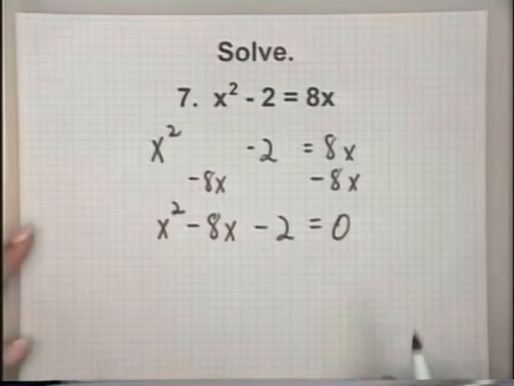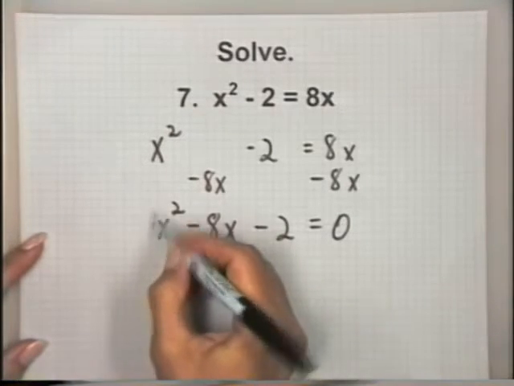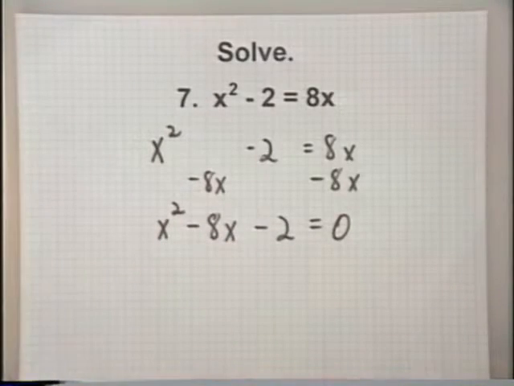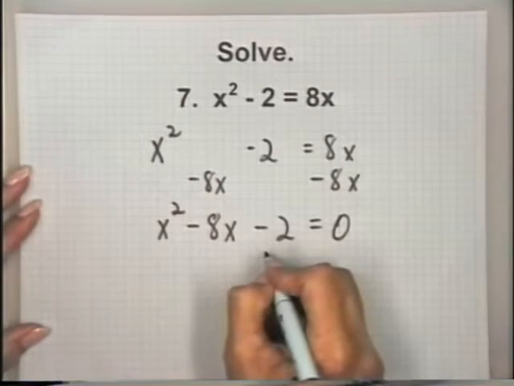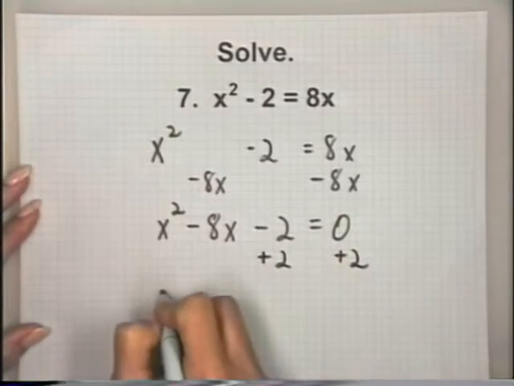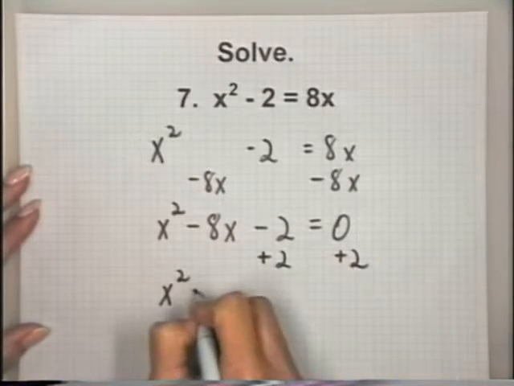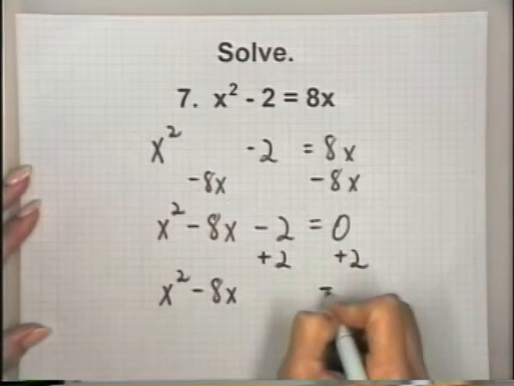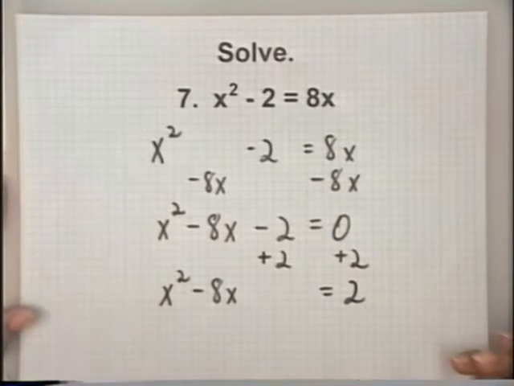Remember, when we complete the square, first thing is make sure that the coefficient of x squared is 1, and it is. Next, we move the constant over by adding 2. We get x squared minus 8x equals 2.